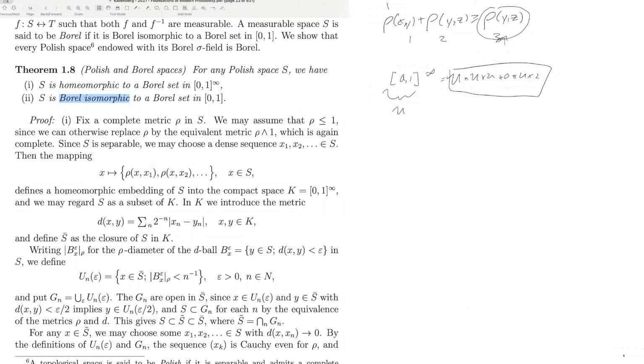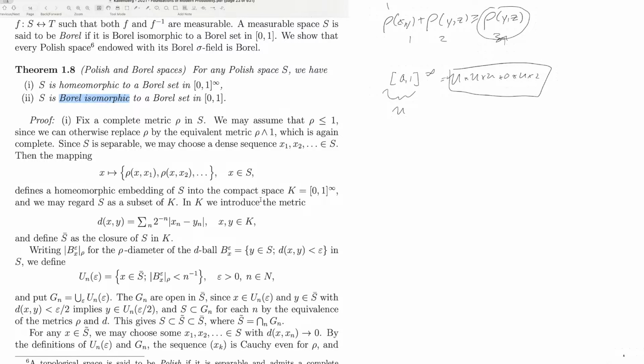I guess embedding, topological embedding just means it's a subset. Let's see here. Topological embedding. Yeah, it's got to just be a subset. It would be weird if it wasn't. Okay.